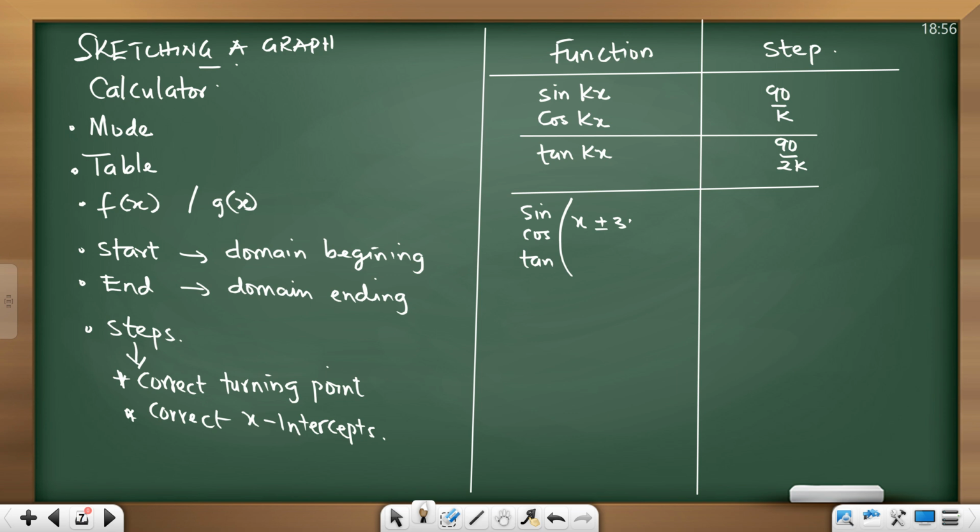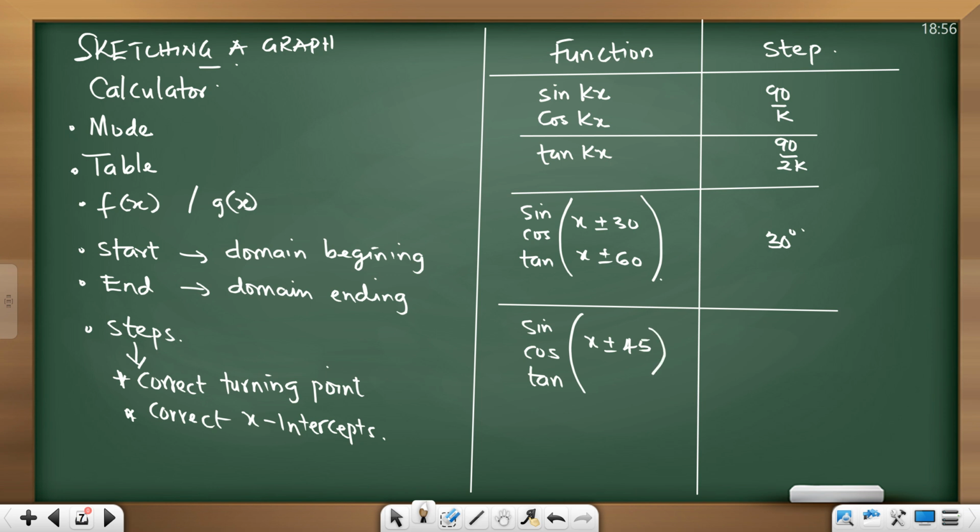X plus or minus 30, x plus or minus 60. Our step will be 30 degrees. Sine, cos, tan, x plus or minus 45. Our step will be 45. So what affects your step?